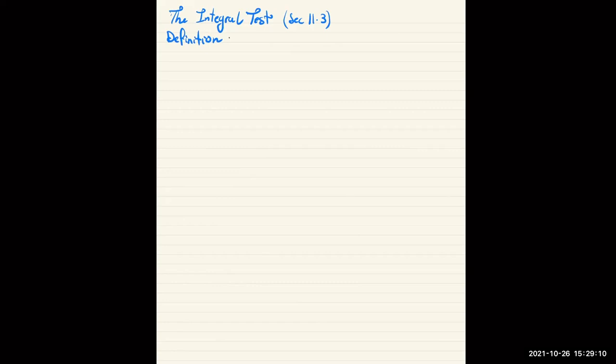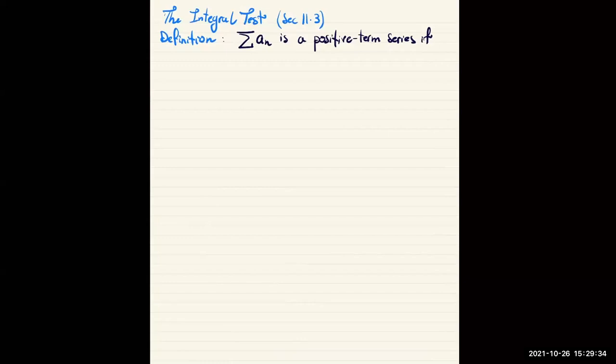Again, if I don't write n equal to 1 from 1 to infinity, it is by default from 1 to infinity. We say that this is a positive term series if basically every term of the series is positive.